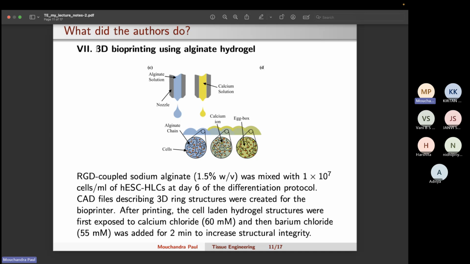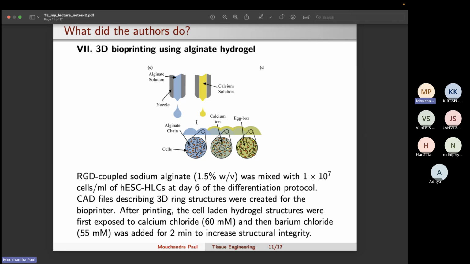It is a plant-based material, and when it comes in contact with, say, calcium chloride solution or barium chloride solution, where divalent ions are there, it changes its state from liquid to solid, because these divalent cations allow the polymer chains to come in close contact and form links in between the polymer chains.